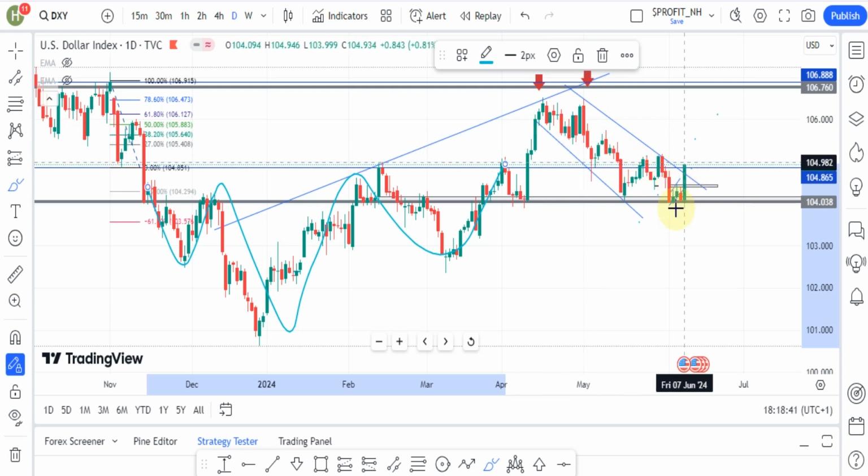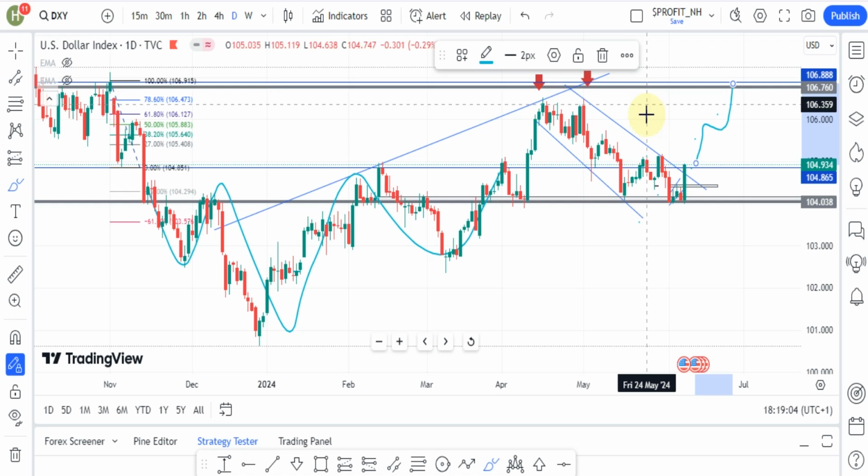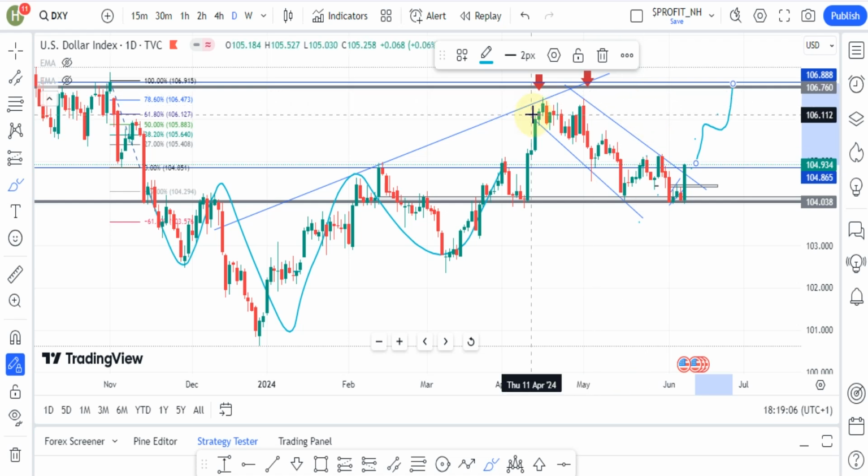Right now the market has already broken above this correction area, which means there's a possibility of another impulse move, probably all the way up here. Then again we'll look at how it reacts around that area. So for the whole of this month, or the whole of next week, I'll be looking at this DXY in a bullish way.